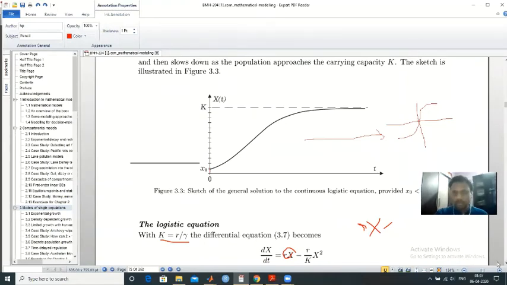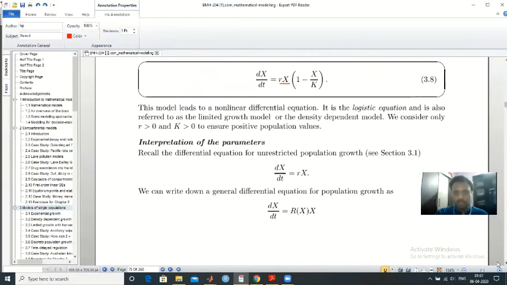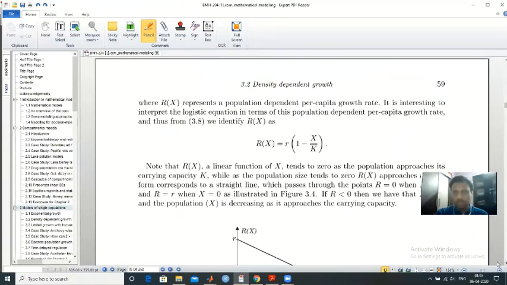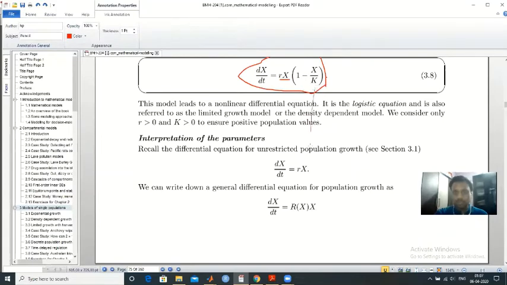Now we discuss some interpretation of the parameters. In this differential equation, if I compare it with the simple model, what was the simple model? The simple exponential model was dx over dt is equal to r into x. So here x is this one. What is the remaining term?